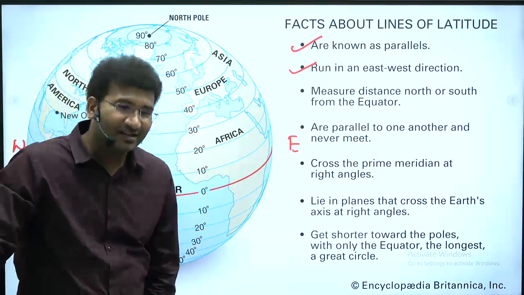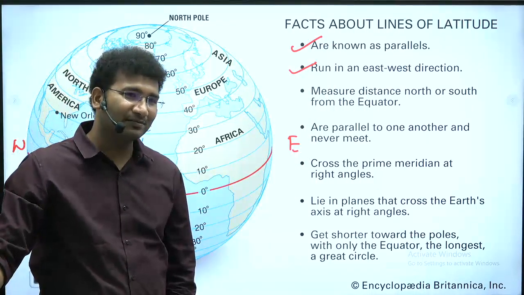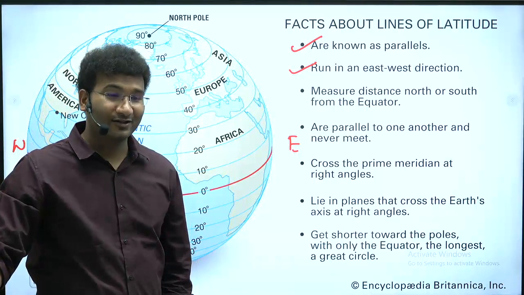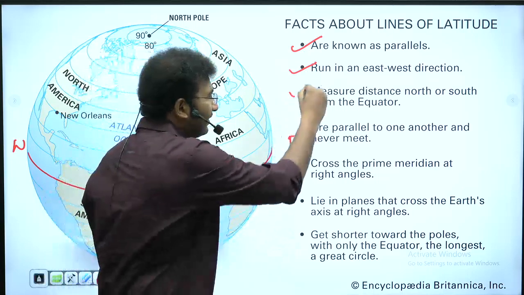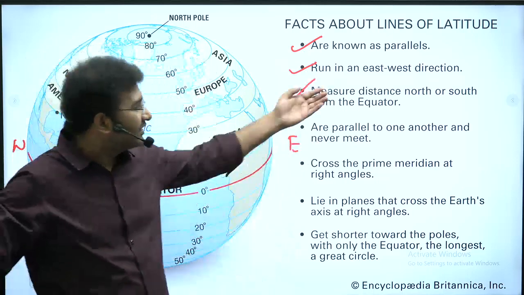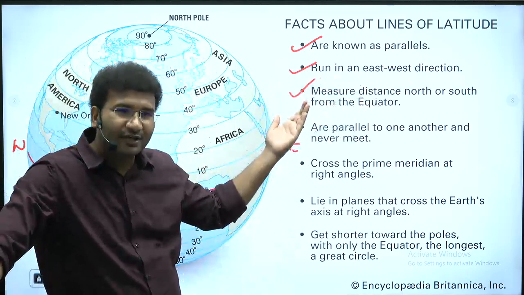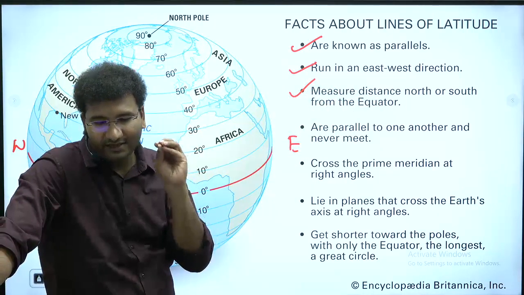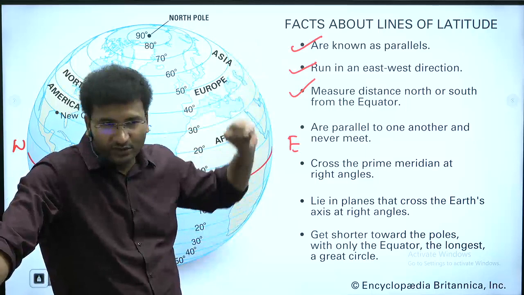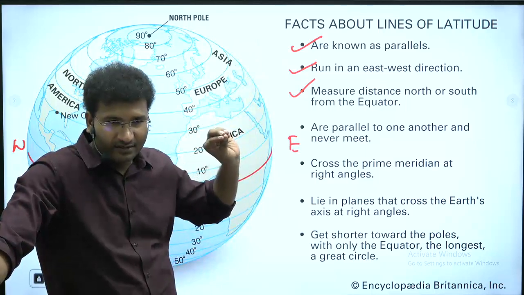Now they help us measure the distance from north to south. ठीक है, not east to west. They help us in understanding or measuring the distance north-south from the equator. ठीक है, remember this. Right?